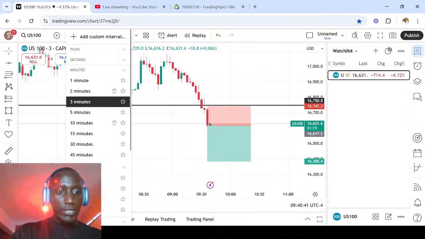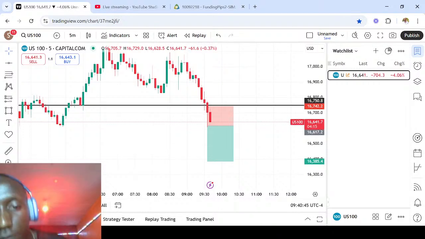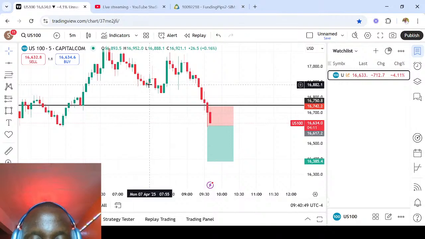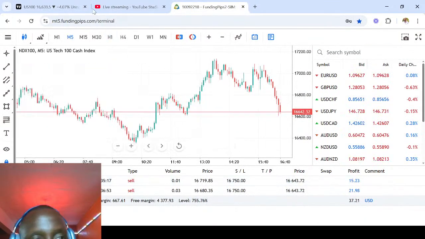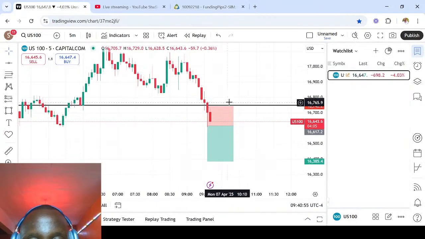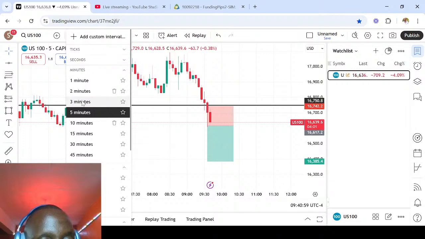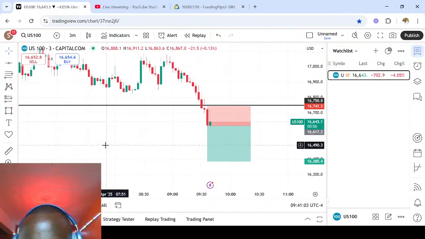So how did the 5-minute close? Okay, 5-minute closed as a breakout. Which means, yeah, still good. If we break to the downside, if we actually survive, this is going to be a good one.